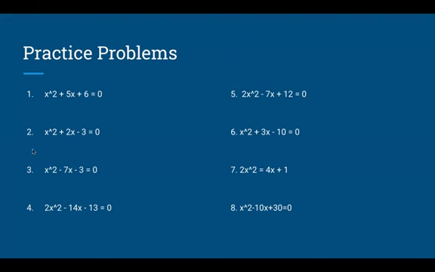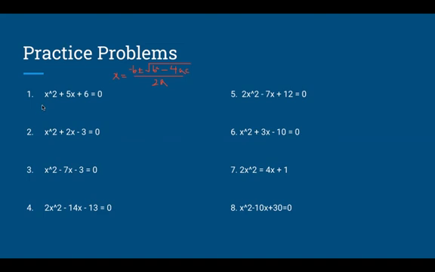The first question is x squared plus 5x plus 6 equals 0, and I'll write out the quadratic formula up here in case you forget. The quadratic formula is x equals negative b plus or minus the square root of b squared minus 4ac, over 2a, for a quadratic equation in standard form, which is shown in all the equations.